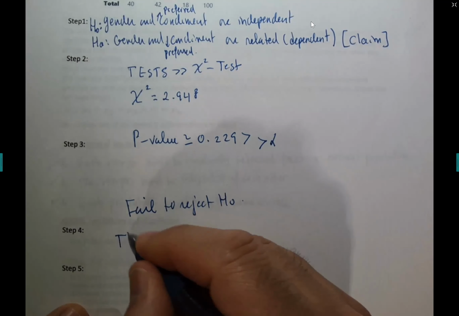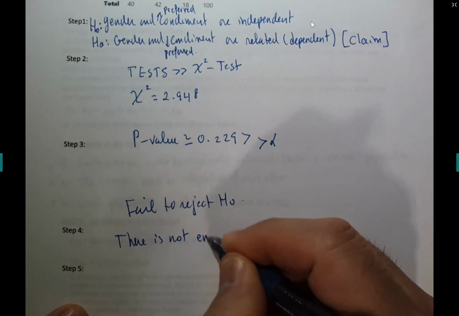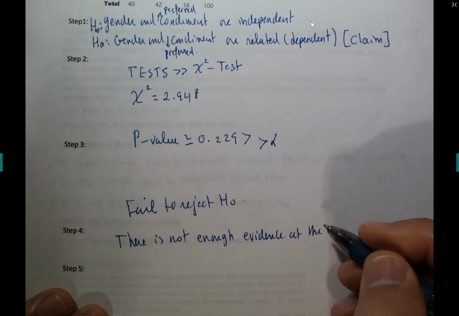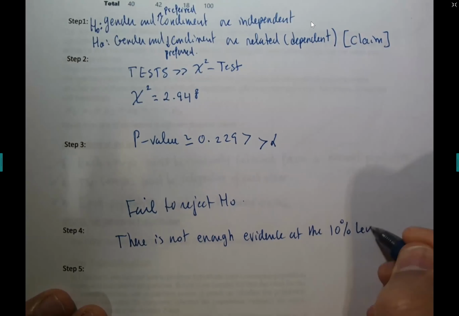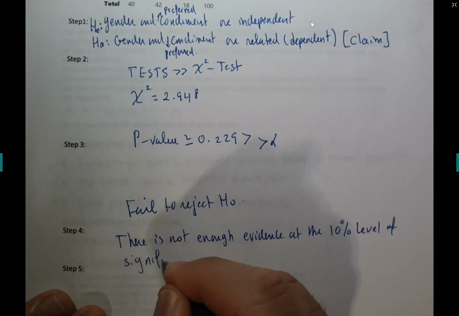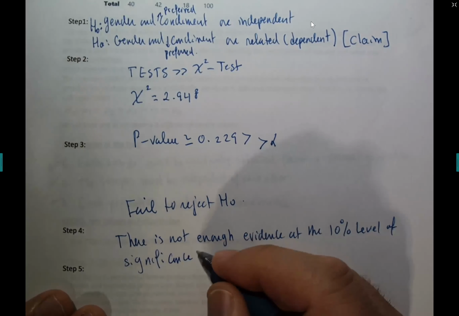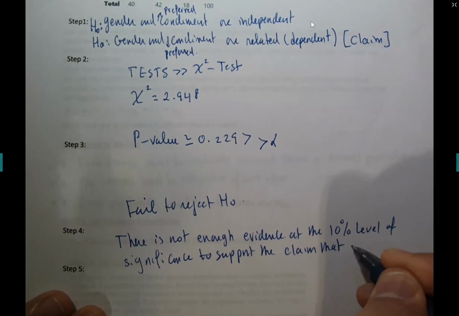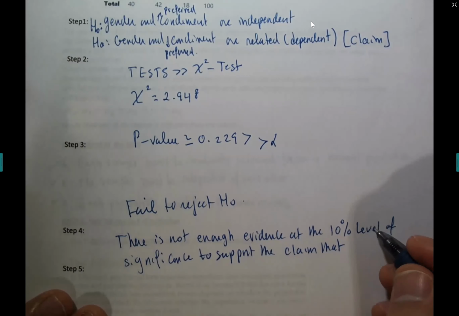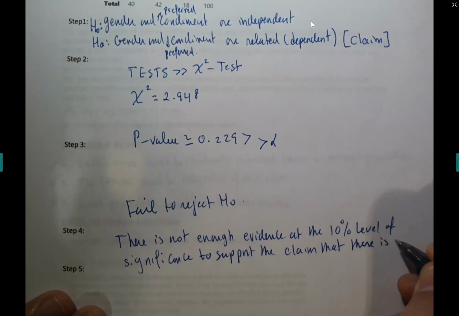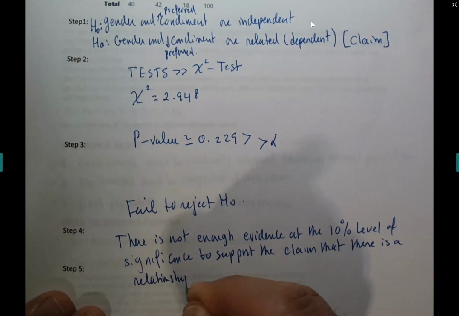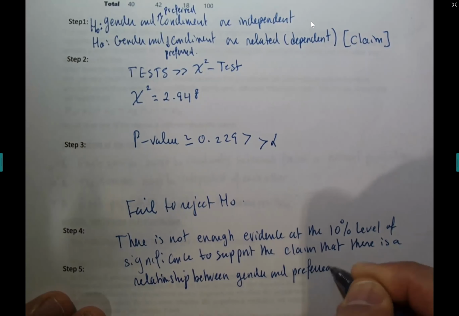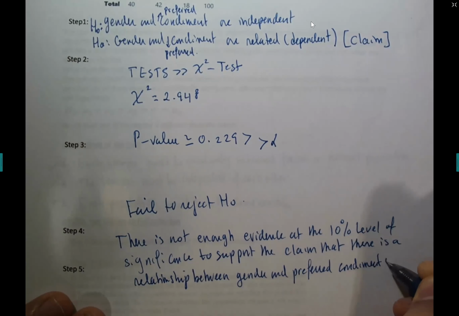And there is not enough evidence at the 10% level of significance to support the claim that, or to conclude, you can use the word conclude, to conclude that there is a relationship between gender and preferred condiment on a hot dog.